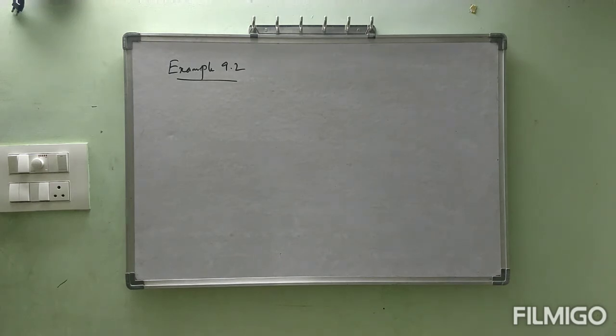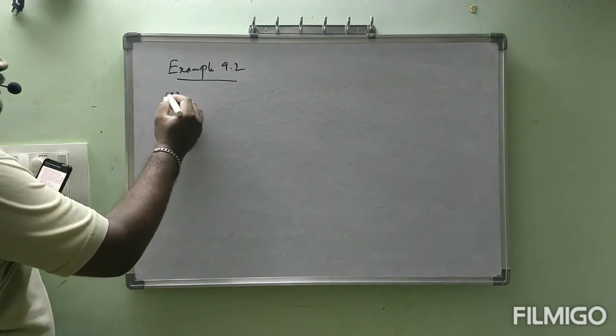They gave the name. From that name we have to write the formula. Okay, let us see. First, name A.